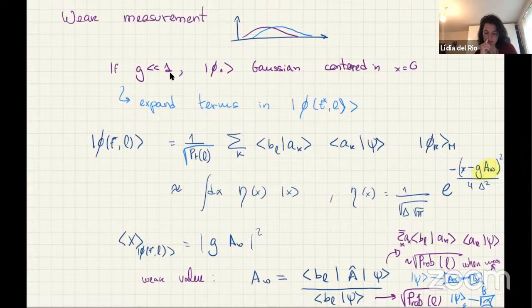And in this approximation, intuitively it makes sense that everything should stay well defined. Yes, that's the idea. Okay, great, thanks. We will play more with weak measurements, I think, in the tutorial, not so much in the main course. I'll make a break now.